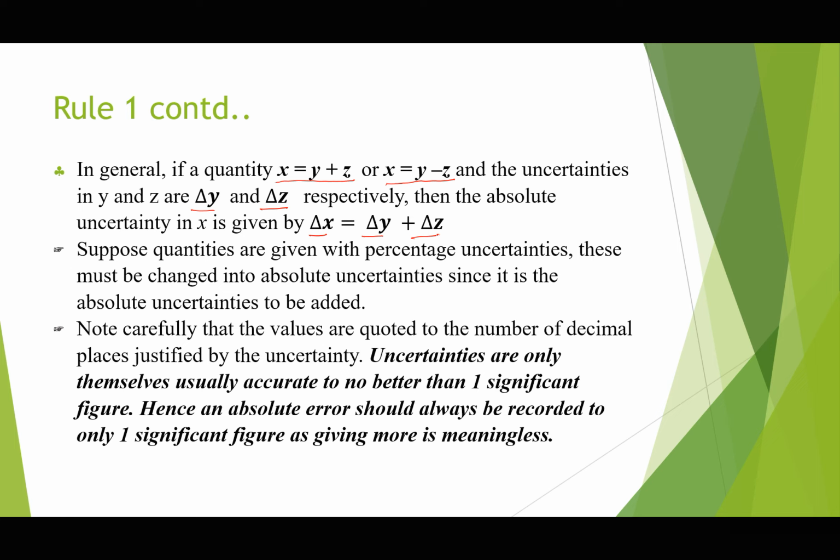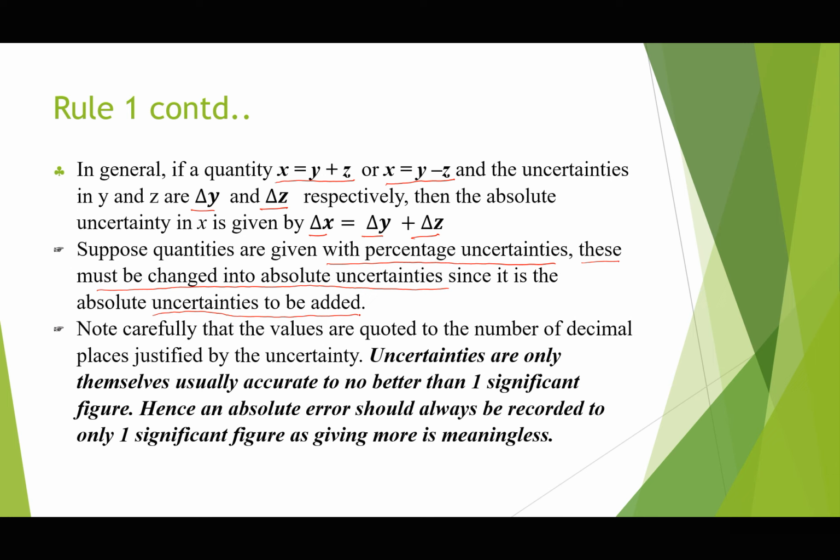We never subtract uncertainties. But then sometimes we shall be given percentage uncertainties. Then what do we do? Remember, the rule is only applying to absolute uncertainties. That means these percentage uncertainties must be changed into absolute uncertainties, since it is the absolute uncertainties that must be added according to rule number 1.